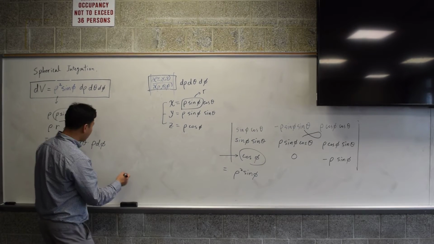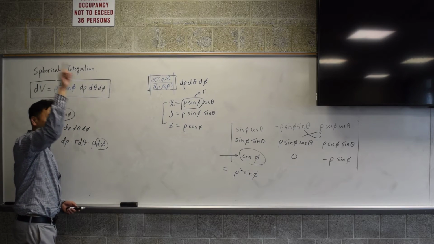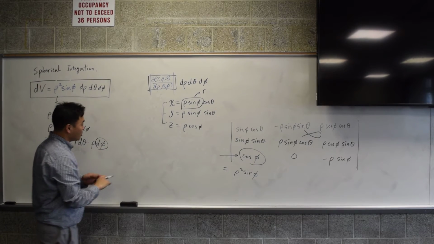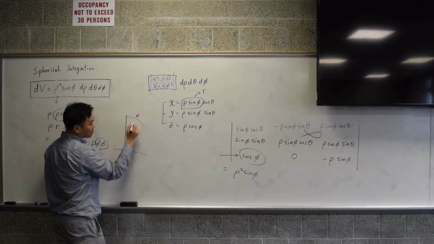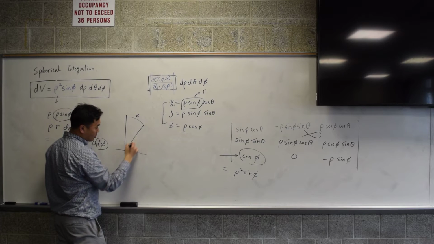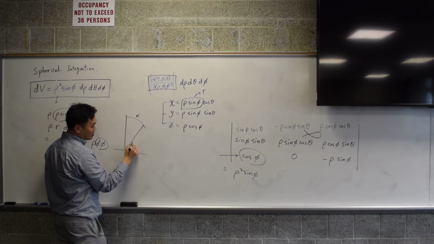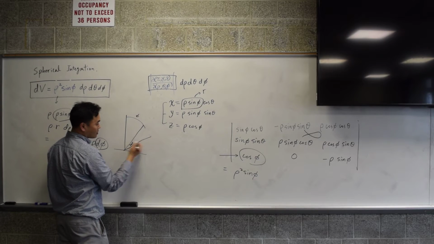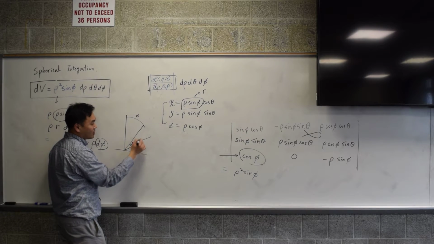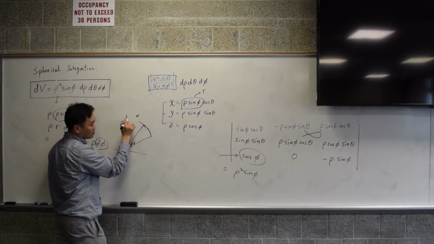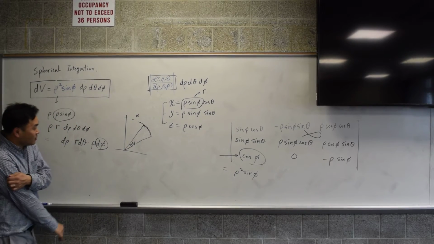So if you think about d phi, what is d phi? d phi is a small increment in the angle from the North Pole, right? So if you have the North Pole and you come down by about phi, and then from here you come down slightly more so that you get a very small increment in that direction. It's supposed to be smaller, but I couldn't draw smaller, so this is d phi. So this small increment in the phi direction is d phi.